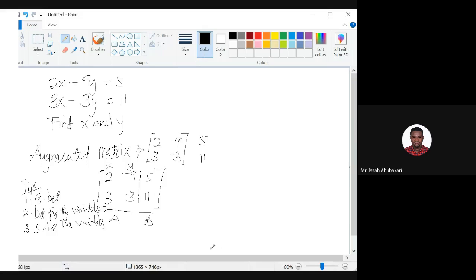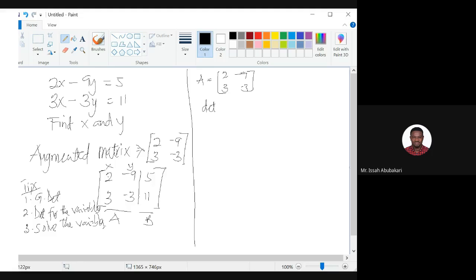So our solution. Let me clean this part. All right. Our solution: the general determinant. So we have this matrix. How to find the determinant of A? A is equal to 2, 3, minus 9, minus 3.